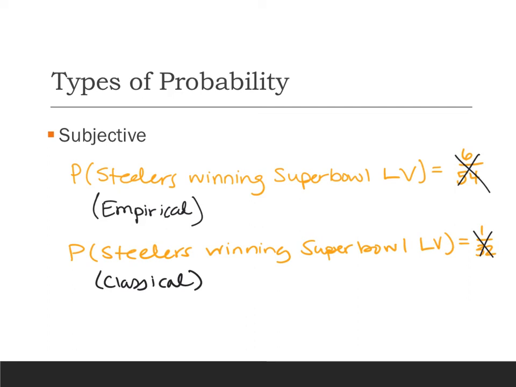And people do this. Some people just make stuff up. Some people make a more educated guess by trying to use strength of schedule and how they played last season, and as you move on and get closer to the Super Bowl, how well have they done against the teams that they've played.